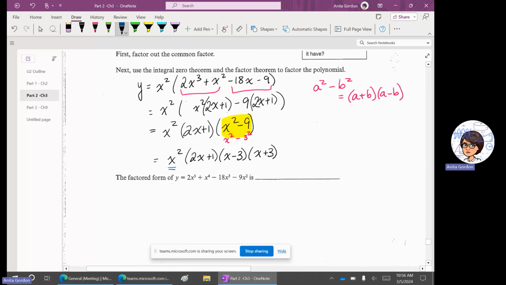So this tells me I have an x-intercept at 0. This tells me I have an x-intercept at -1/2. This one tells me I have one at 3, and this one tells me I have one at -3. Let's look at the multiplicity.